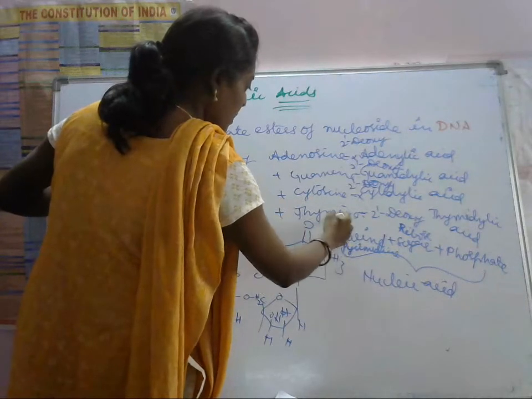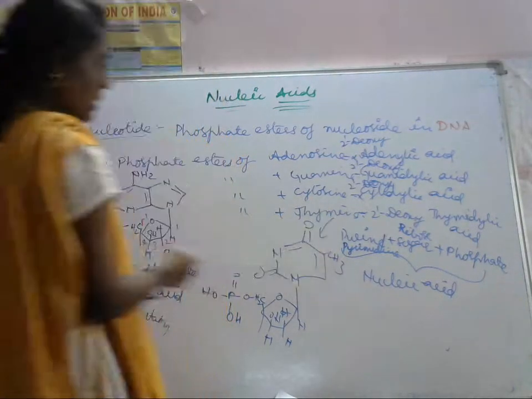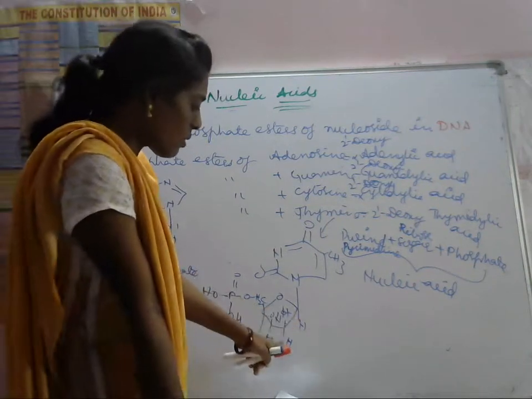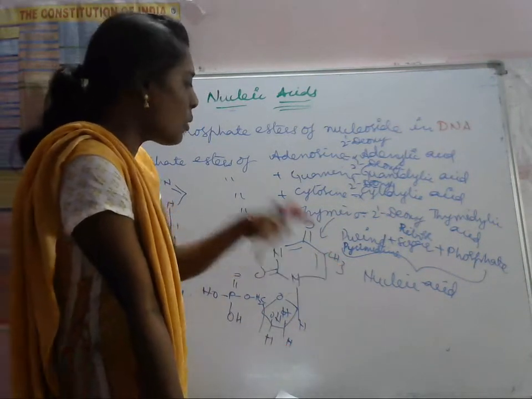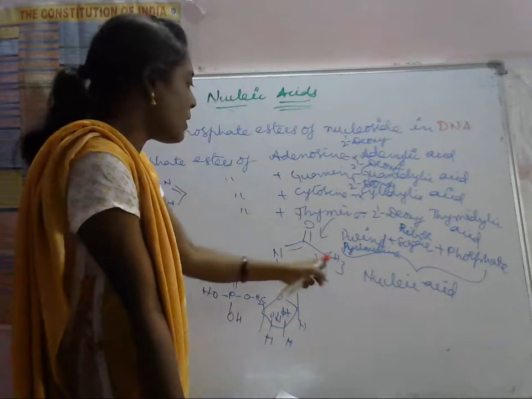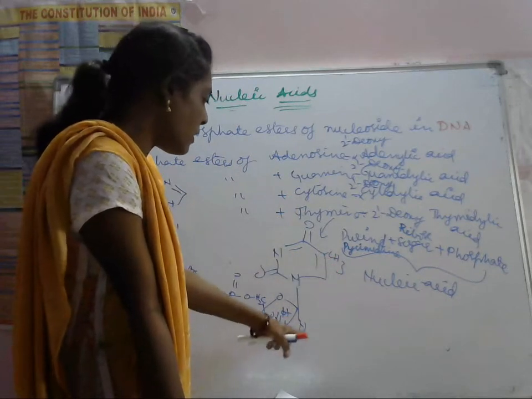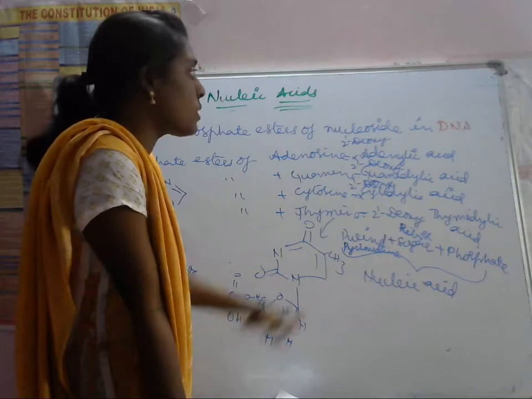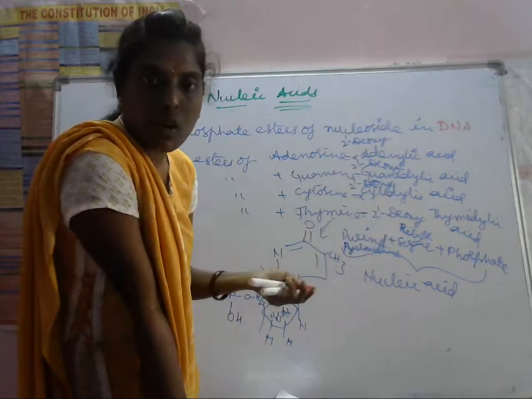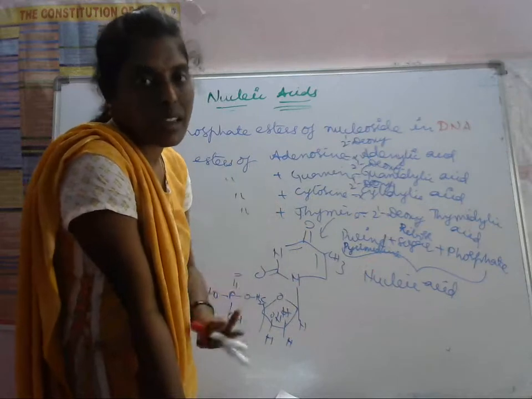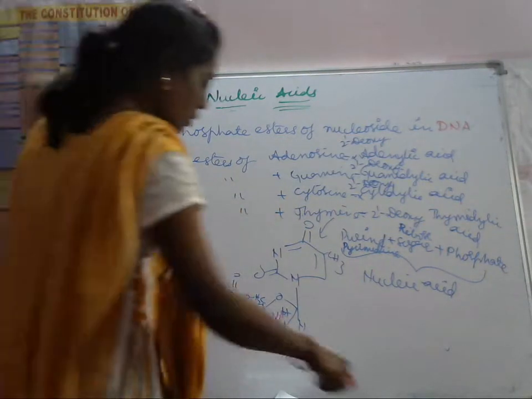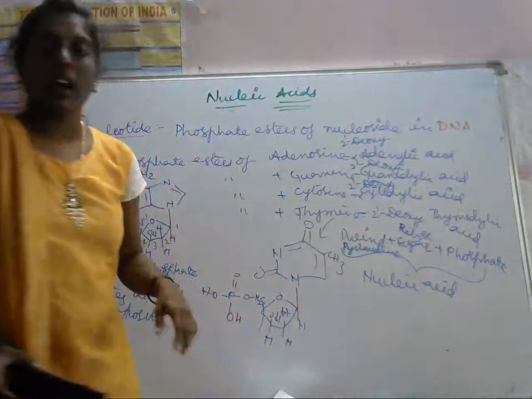This is called thymine, and this is called 2-deoxy. In uridine there is oxygen and no methyl group. In thymine there is a methyl group, and there is no oxygen. If there is no oxygen, then it is DNA. If there is oxygen, then it is RNA. Simple. So this is about the nucleotides of DNA and RNA.